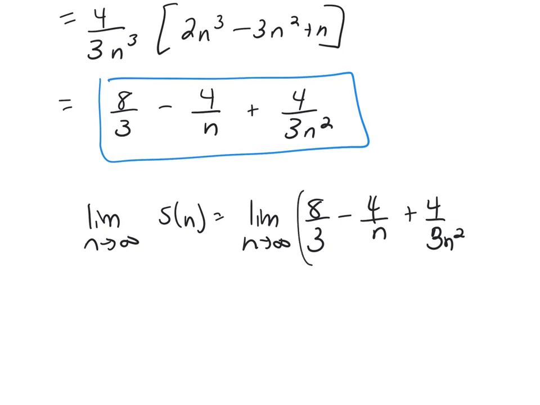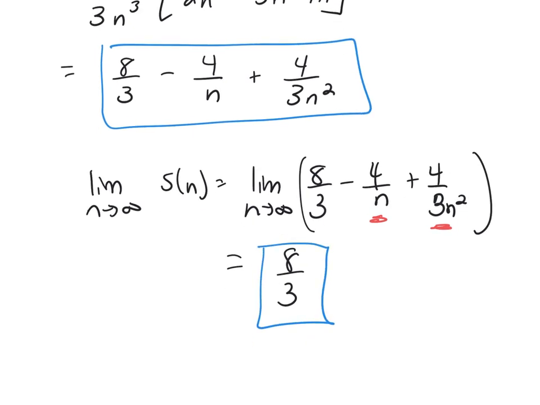And here, if I take this limit, I'm going to get 8 over 3. And then these other two are going to be 0, just comparing the degree of the top and the bottom. So the limit as I take more and more rectangles, my approximation for my area will be 8/3.